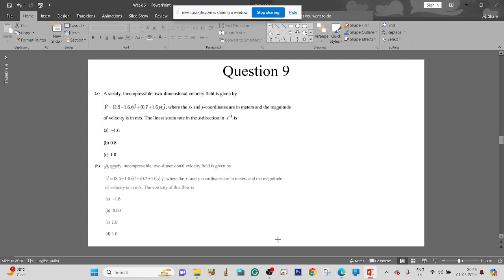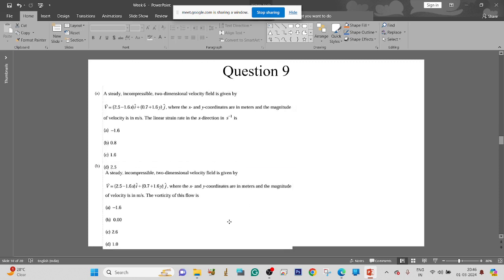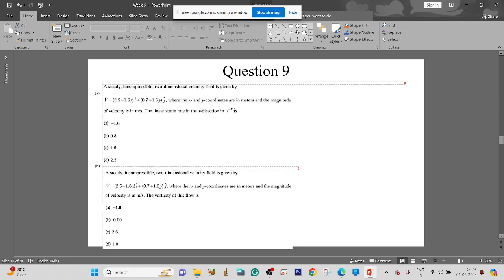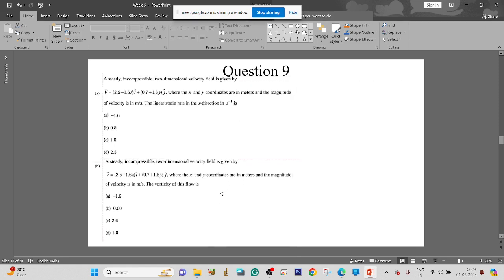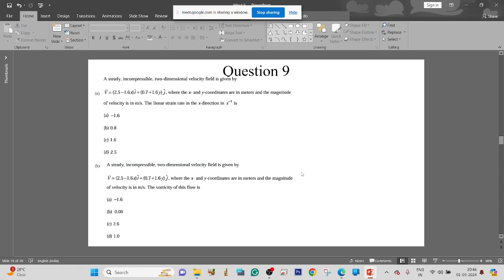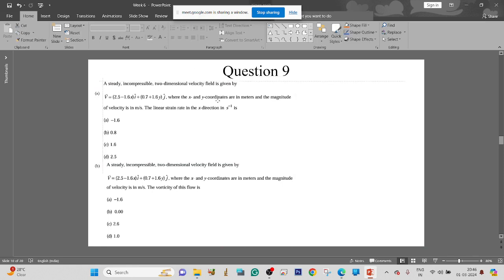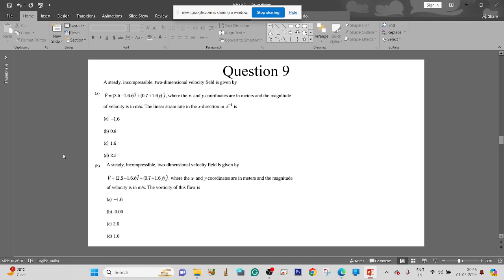Okay, so a steady incompressible two-dimensional velocity field is given as in the question, where x and y coordinates are in meters and the magnitude of the velocity is in meters per second.